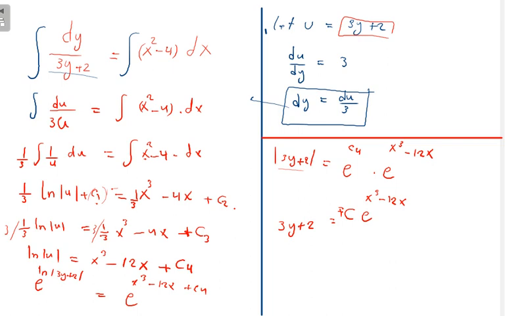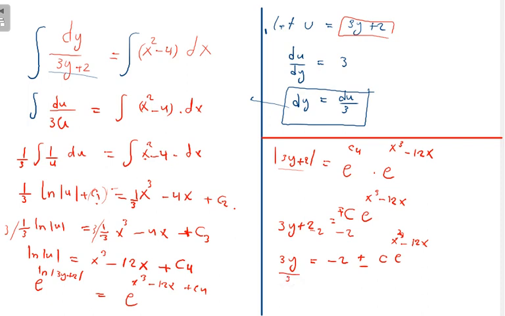Now take away 2 from both sides. 3y equals minus 2 plus or minus c exponential x cubed minus 12x.